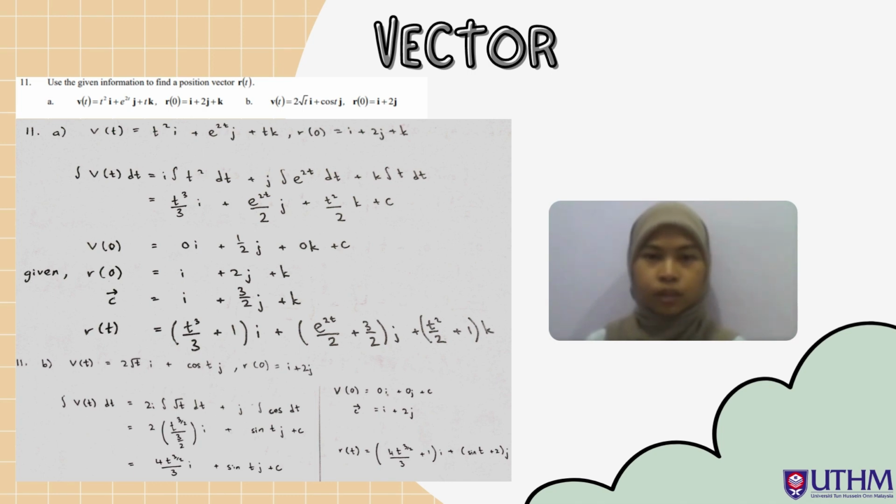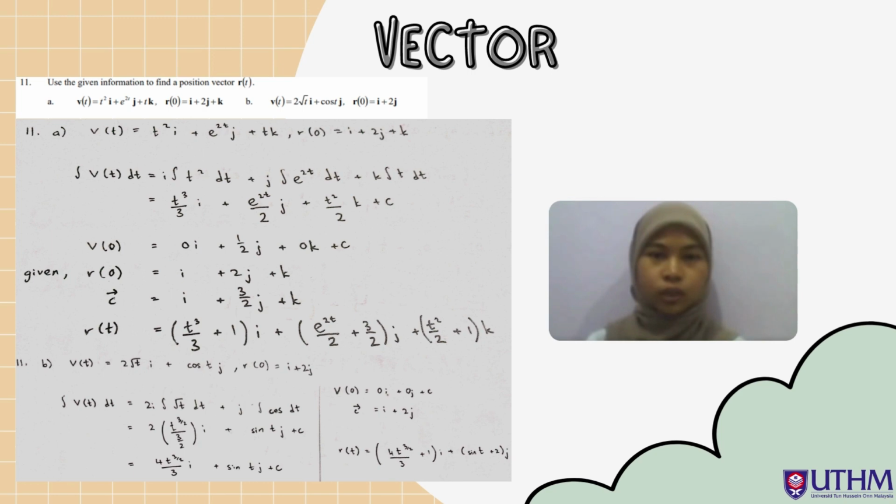And then 11B, we have V(t) equal to 2 sec t i plus cos t j, and then we just need to integrate it. We get t to the power of 3 over 2, over 3 over 2. Don't forget to put the constant outside for us to integrate more easily. And then cos t, integrate it, we get sin t plus c. Don't forget the c.